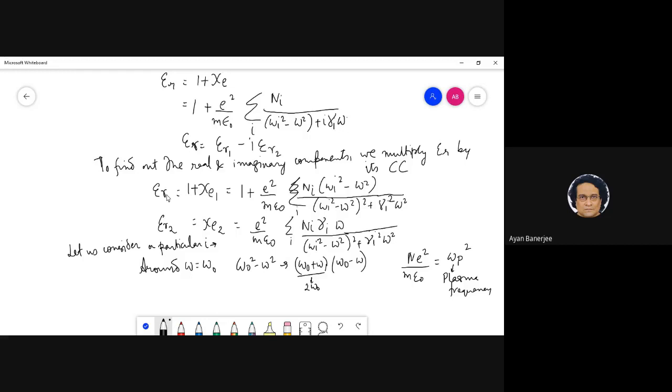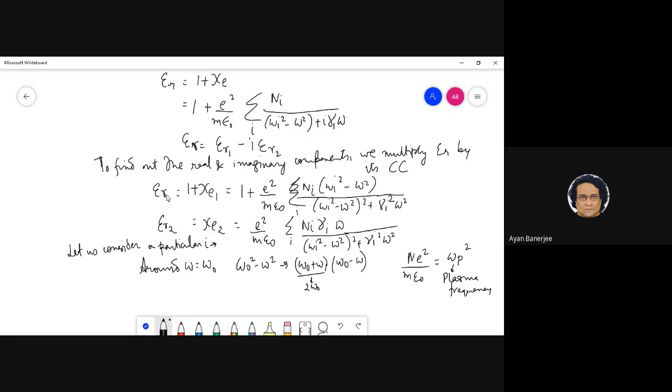Okay, so the Drude model is exactly the Lorentz model. Only difference is you do not consider bound electrons, you consider free electrons. So that restoring force is not there. So when we write down this epsilon r, the expression is very simple.